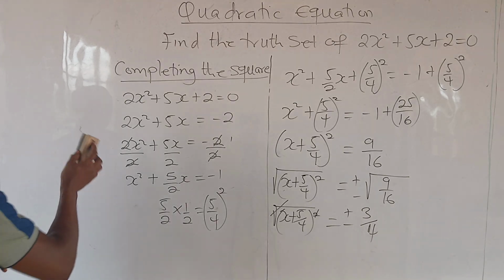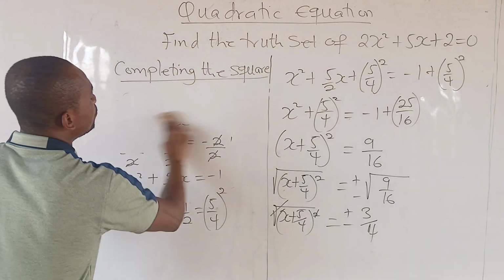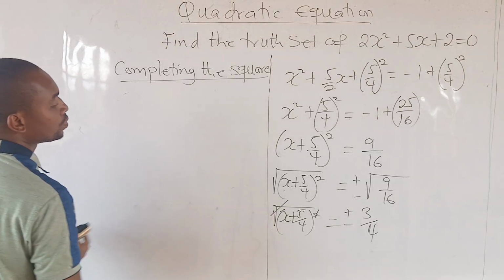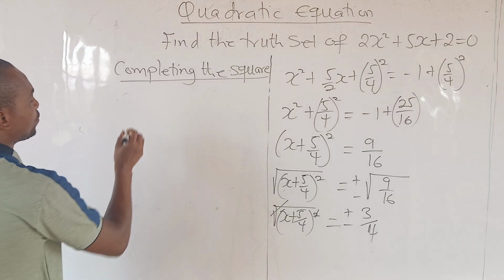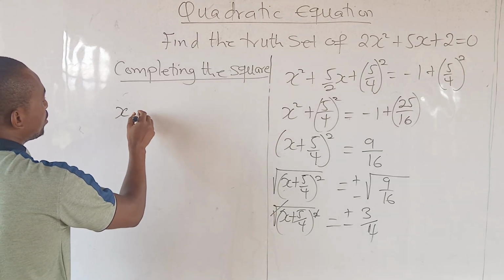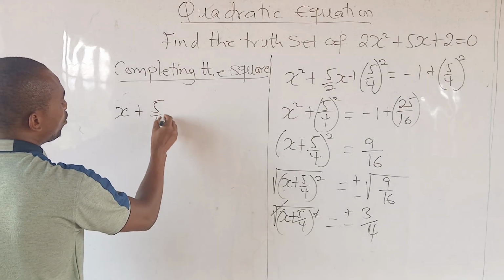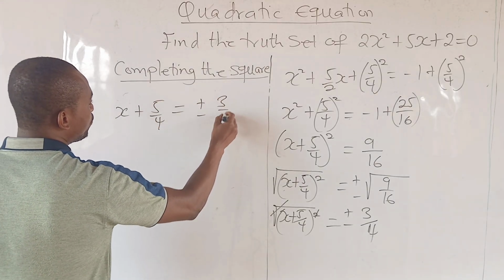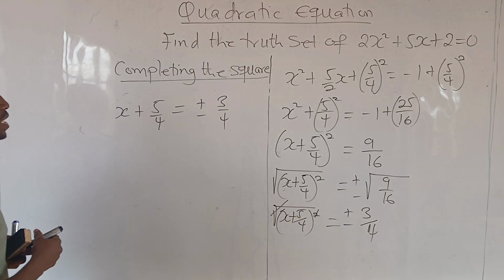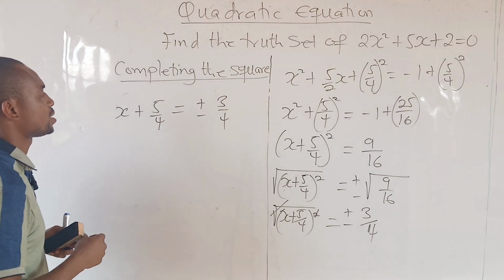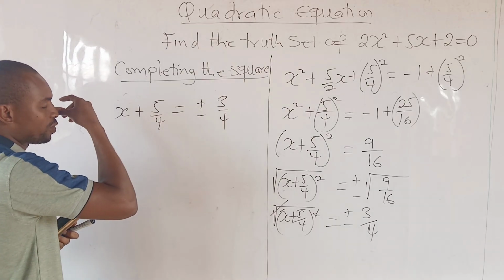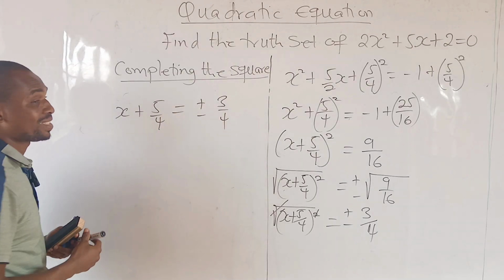So let's continue it here. So now you're going to have x plus 5 on 4 be equal to plus or minus 3 on 4. So the next thing is that we are finding the two sets. So you carry this one from here, move the 5 on 4 from here to the other side.